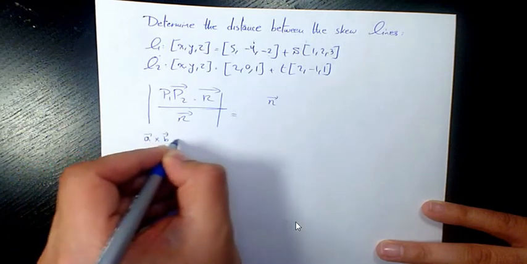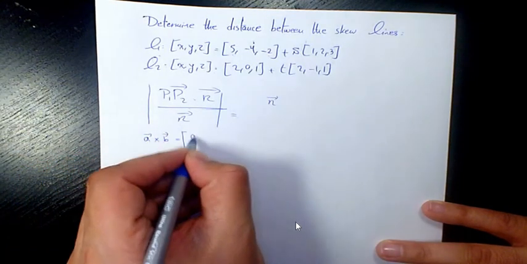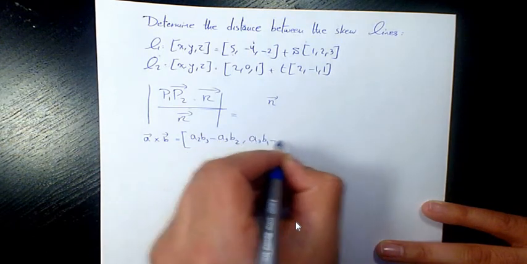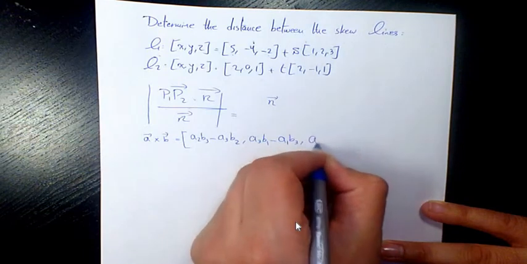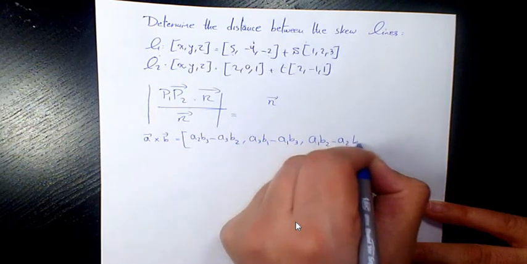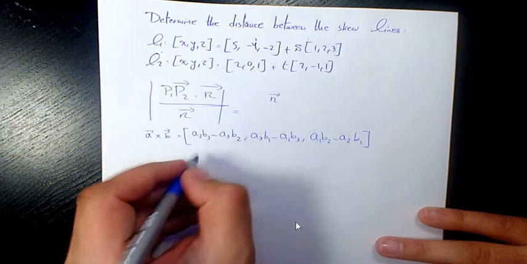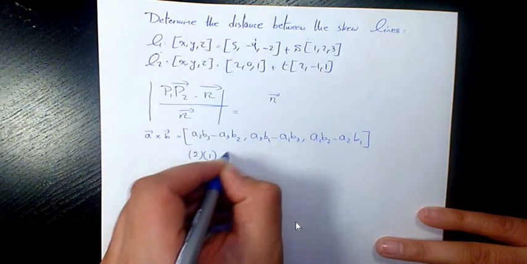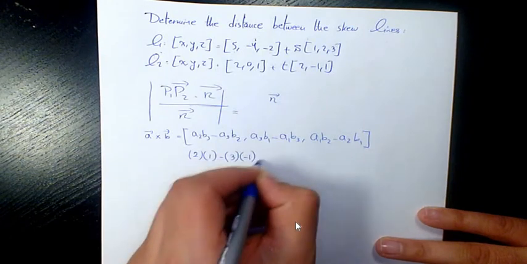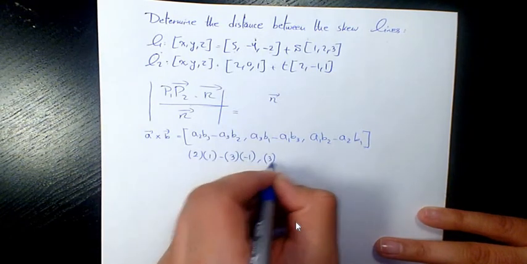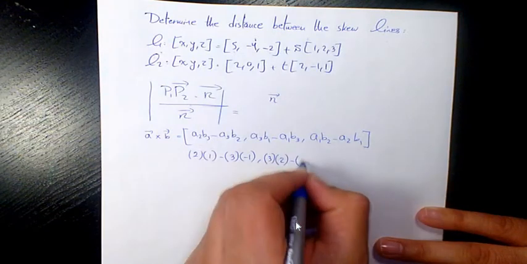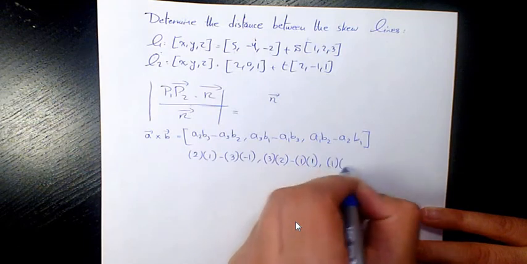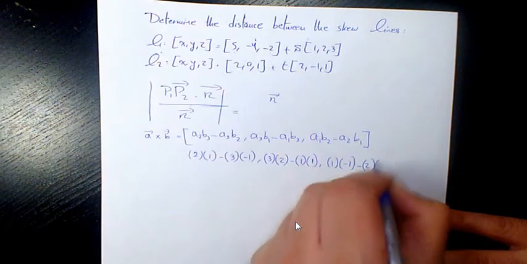A cross B is going to be A2B3 minus A3B2, A3B1 minus A1B3, A1B2 minus A2B1. So A2 is 2, B3 is 1, A3 is 3, B2 is negative 1, A3 is 3, B1 is 2, A1 is 1, B3 is 1, A1 is 1, B2 is negative 1, A2 is 2, B1 is 2.